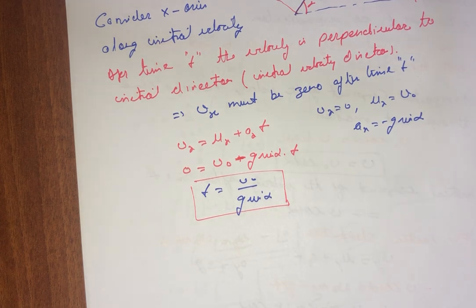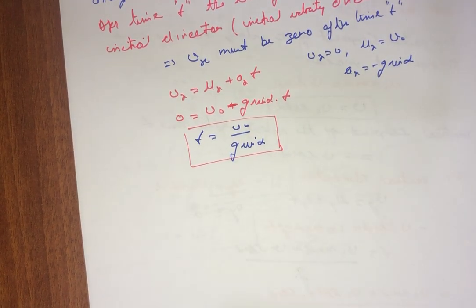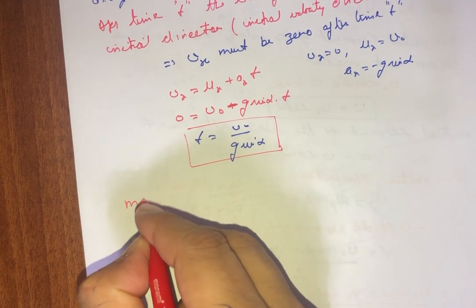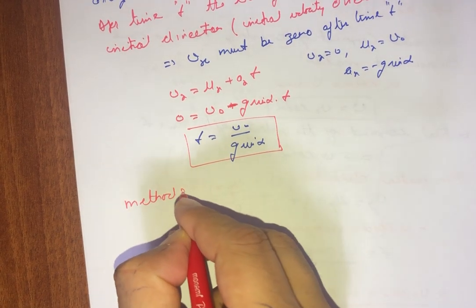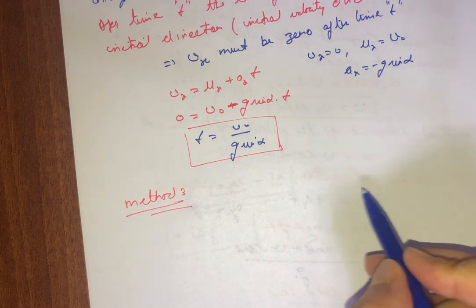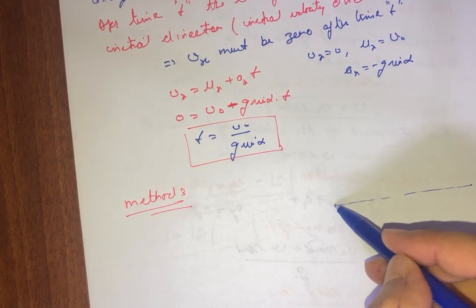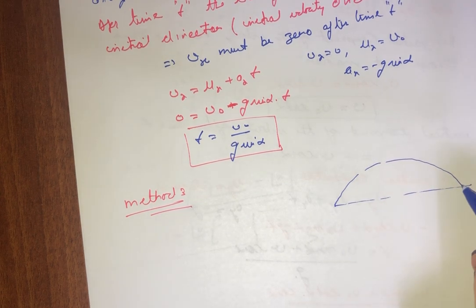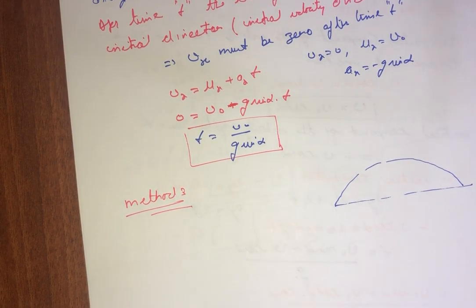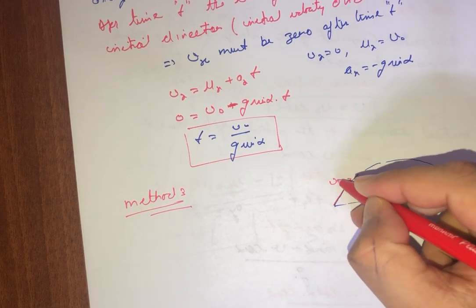Next, we are going to solve this by using a third method. Third approach. In this case, we are going to use the slope of the trajectory. So let's draw the diagram once again. So we have initial velocity in this direction, V naught.